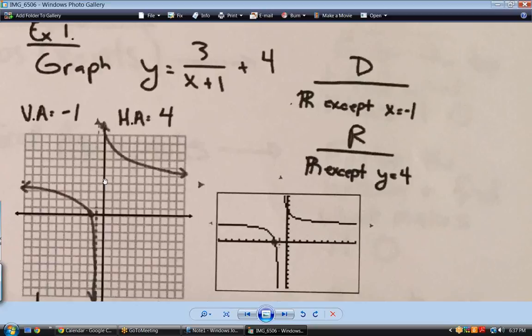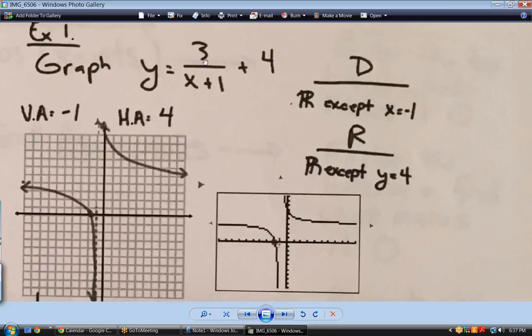I could say negative infinity to positive infinity except for what number? What number is y never? 4. So it'd be to 4. All reals except y equals 4. That's why the range says this. All reals except y equals 4.